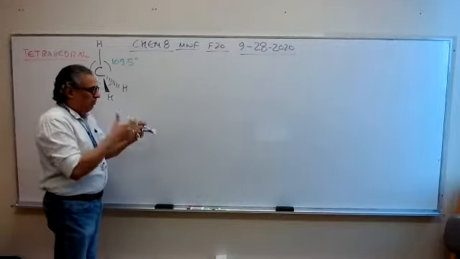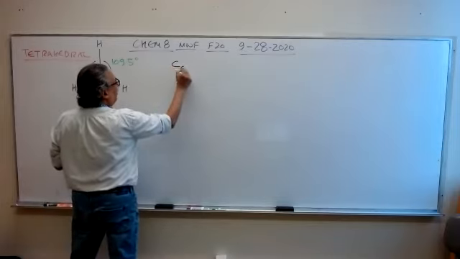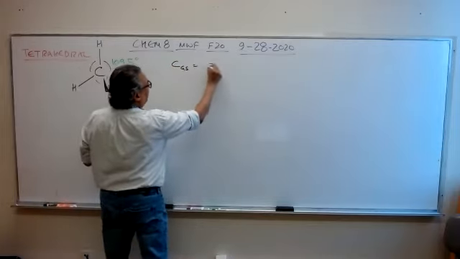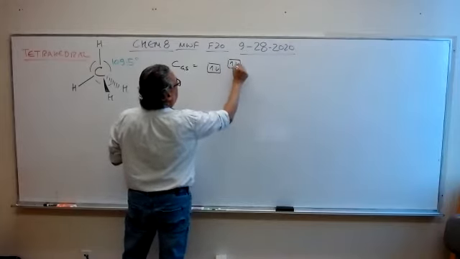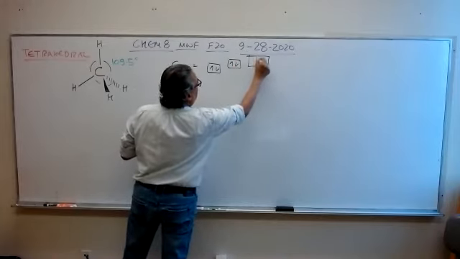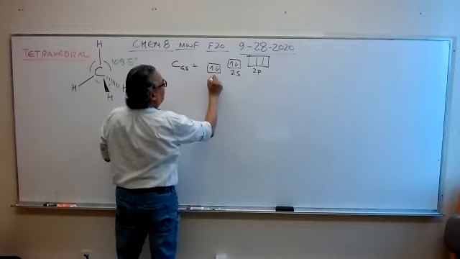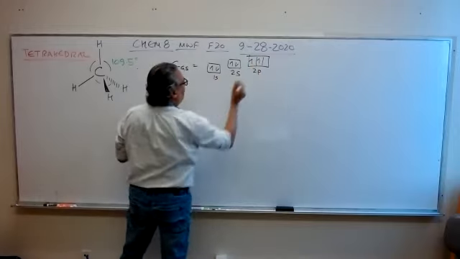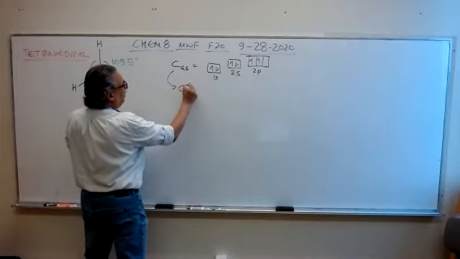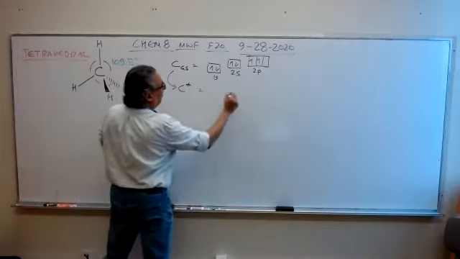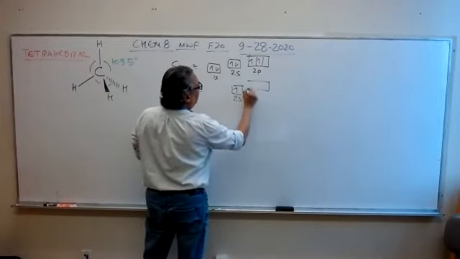So the consensus is that carbon in the ground state looks like this: 1s2, 2s2. That doesn't do the job. So it must go to the carbon excited state where 2s bumps 1 electron to 2p.